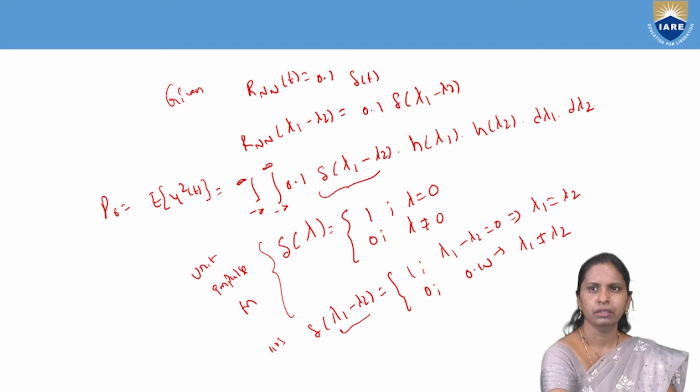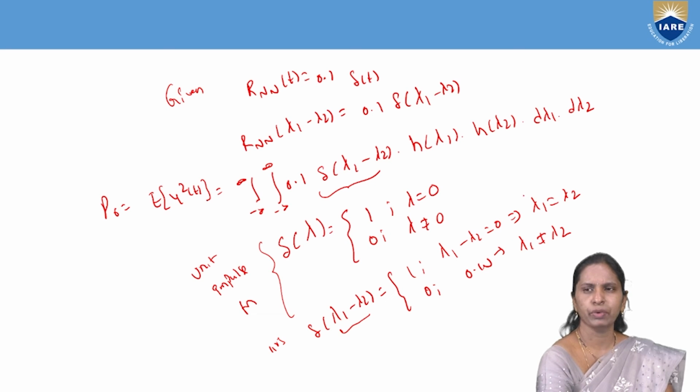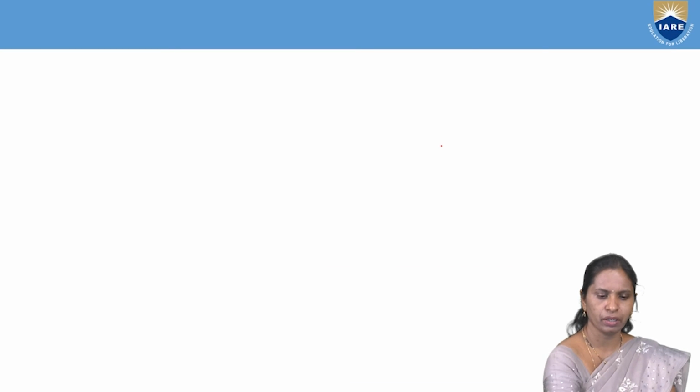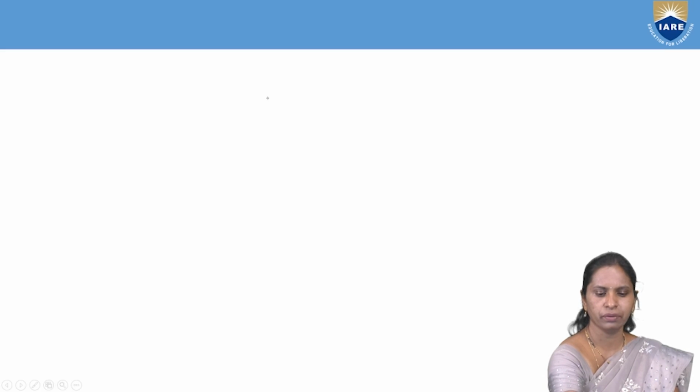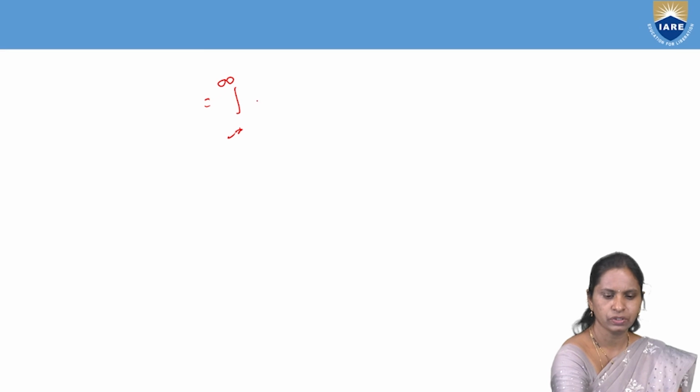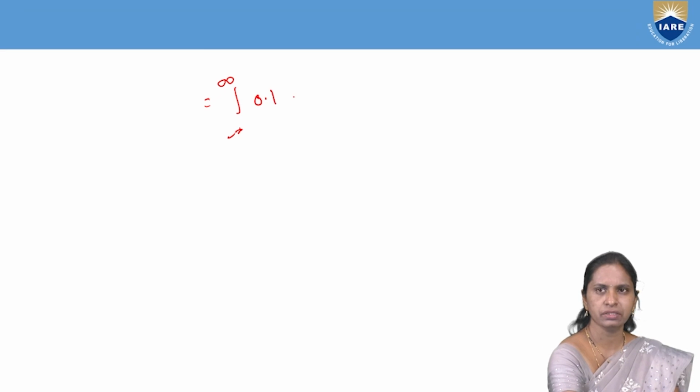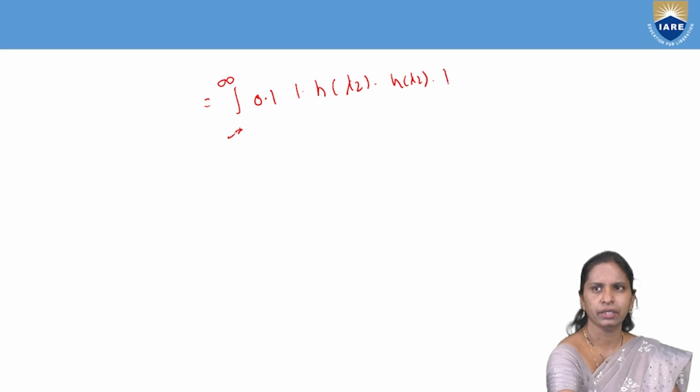Therefore, the unit impulse function del of lambda 1 minus lambda 2 is nothing but 1 when lambda 1 equals lambda 2. Therefore, replace lambda 1 by lambda 2. Then what happens here? Integration from minus infinity, 0.1 into del of lambda 1 minus lambda 2, whose value is 1 when lambda 1 equals lambda 2, into d lambda 2.